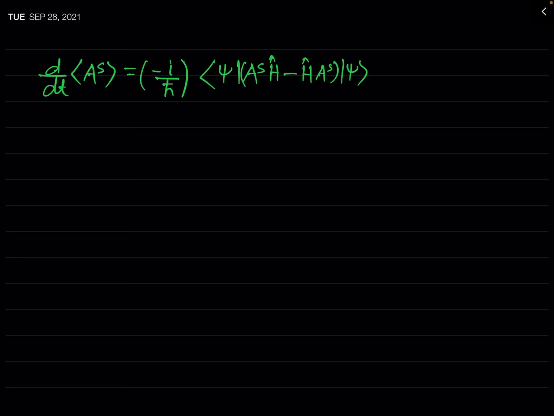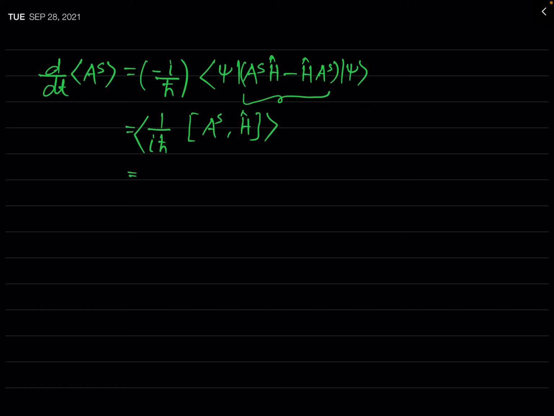Now you can see what this is. This is just the commutator bracket of the operators AS and H hat. And again, this minus i can be written as 1 over i. So you can write it as 1 over i h bar, the commutator of AS and H hat.